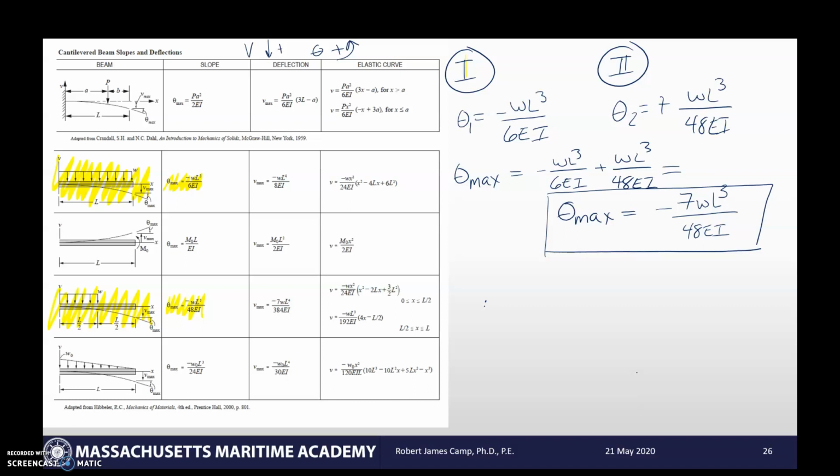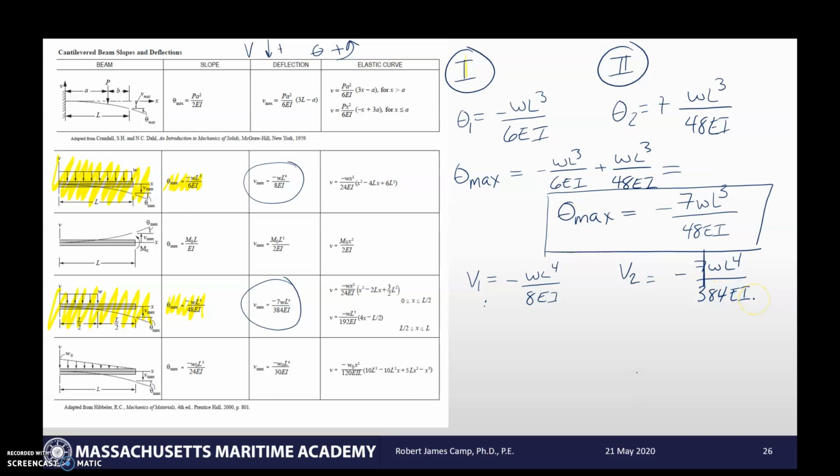Okay, let's do the displacement. And so once again, we'll just look here. Here are our two displacements. So V1, which will be the overall one, is negative WL to the fourth over 8EI. And then the displacement due to this one is negative 7WL to the fourth over 384EI.